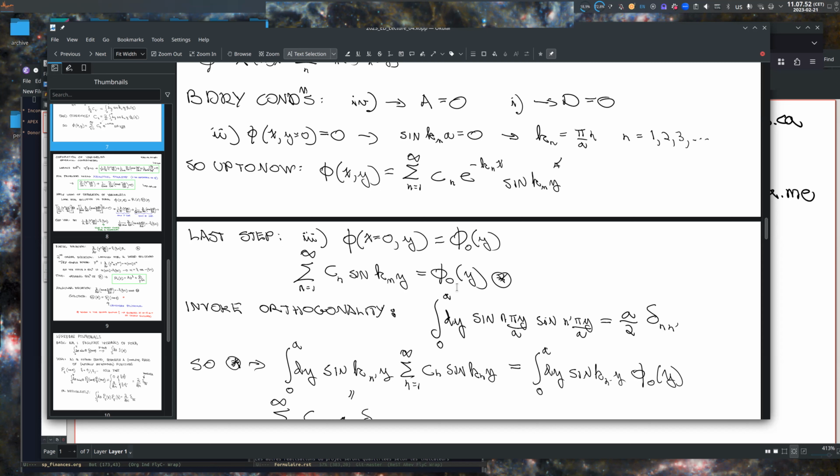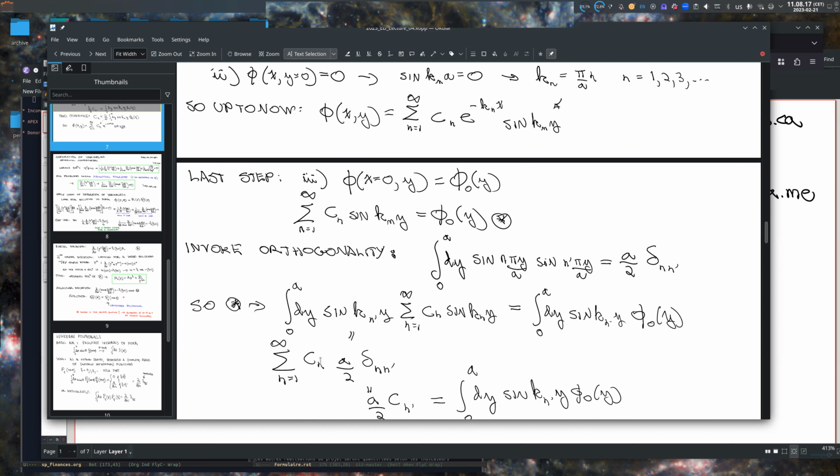I take this equation literally, and I multiply it by a function sine of k_n' y for my choice of n prime. I do that on both sides. Then on both sides, I integrate over y, over the chosen interval.